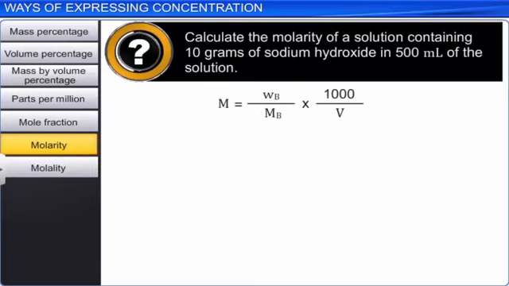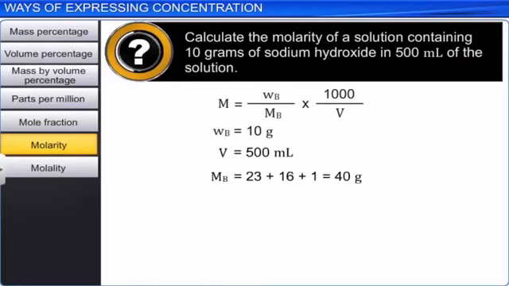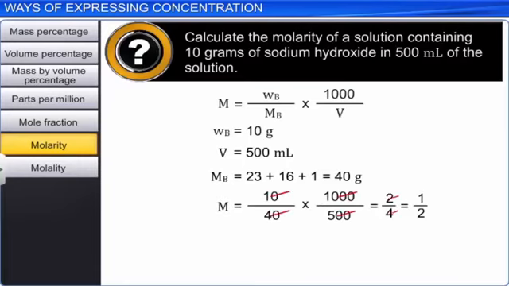That is, Wb is equal to 10 grams, V is equal to 500 ml, and molar mass M for sodium hydroxide is 40 grams per mole. Now, substituting the values in the formula and solving it, we get M is equal to 0.5 moles per liter.